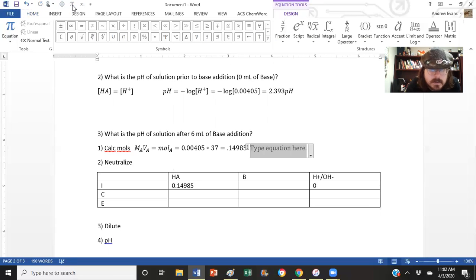For our base, MB VB equals moles base, and we have 0.125 times 6. Conveniently, this is going to be half whatever the previous number was, or at least it should be.